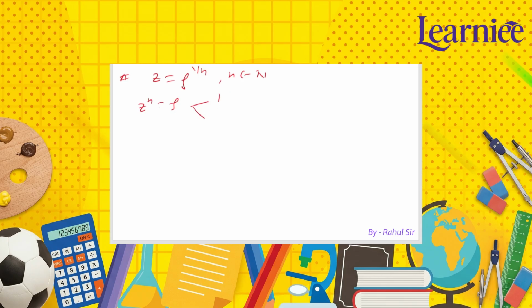One is mod z is equal to mod rho, and theta is equal to (2k pi) by n plus alpha, where k values will be 0, 1, 2 up to n minus 1. Clearly, what is alpha here? Alpha is the argument of the complex number rho.